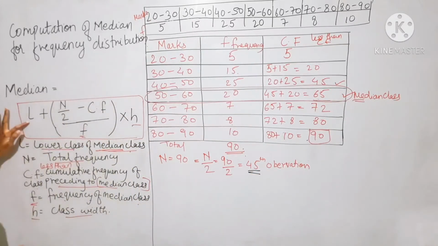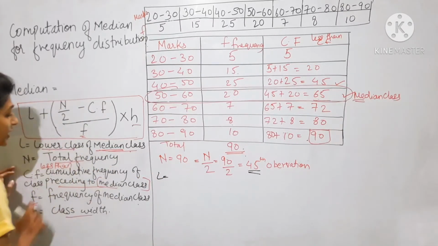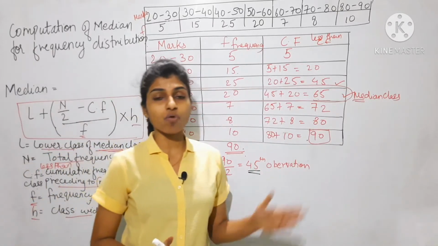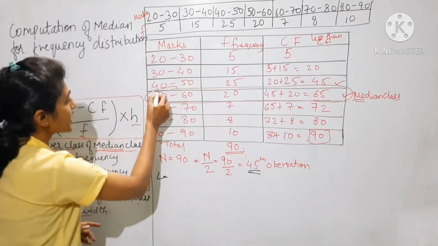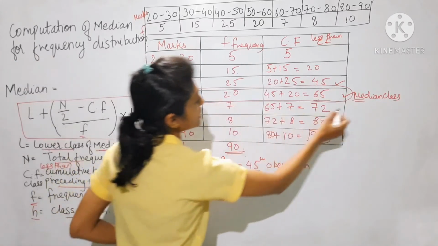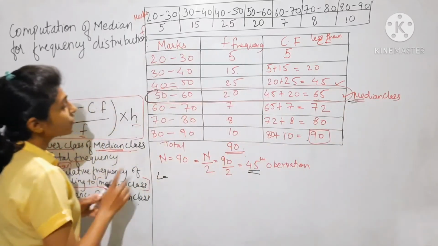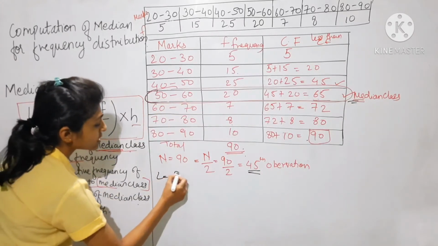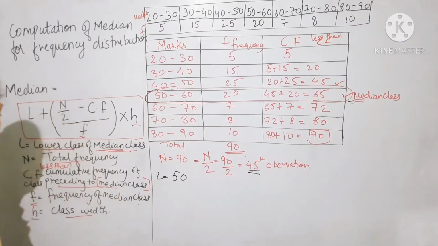Now L is equal to what? Lower limit of the median class. As I said, this class 50 to 60 is the median class. So which is the lower limit in 50 to 60? 50 is the lower limit.